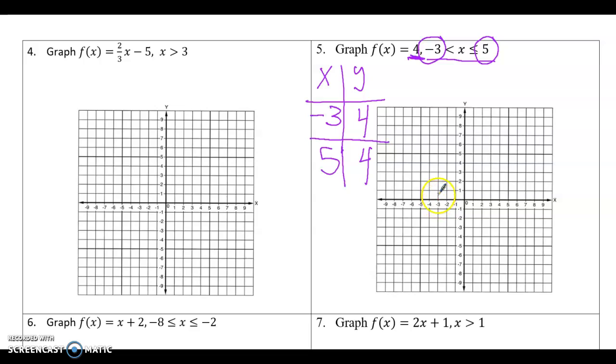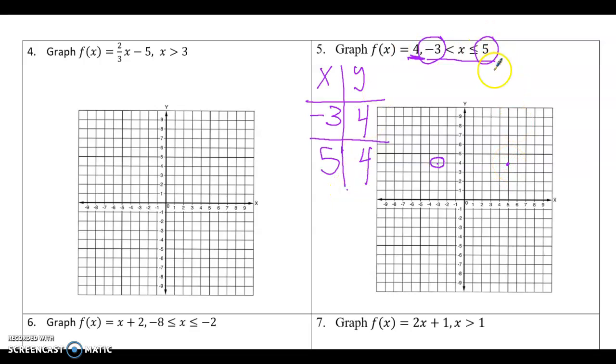So let's go ahead and graph (-3, 4). I'm just going to put a little dot there to see what kind of open or closed dot I need. This is just a less than. There's no line underneath, so it's an open circle. Okay, versus this point (5, 4). (5, 4) is right here.